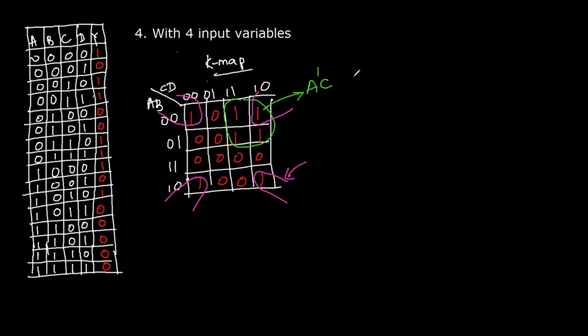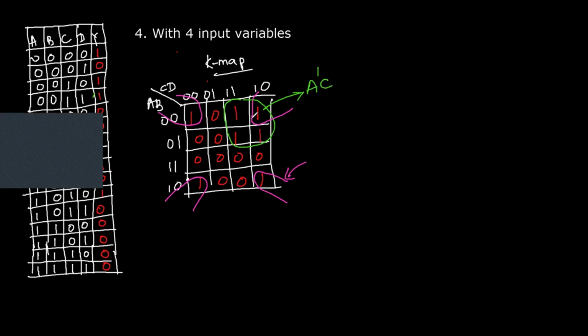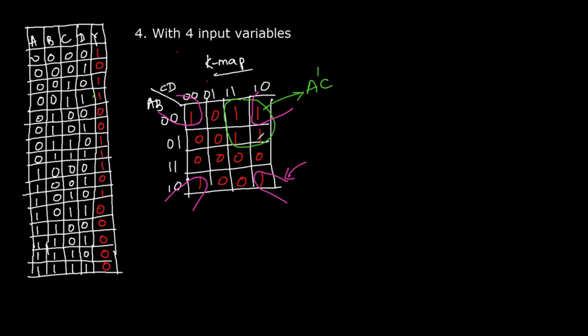So we have C. And for this particular group of 4, along the columns, we see that C keeps changing, but D is a constant of the complement of D, which is 0. And along the rows, A keeps changing. We're looking at this row and this row. A keeps changing, but B is a constant of the complement of B.